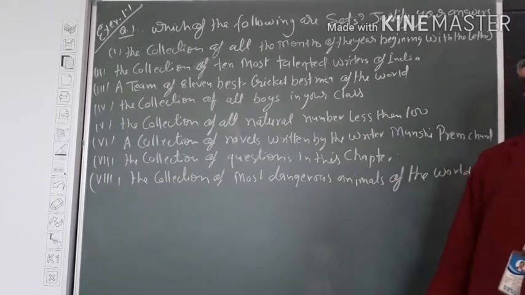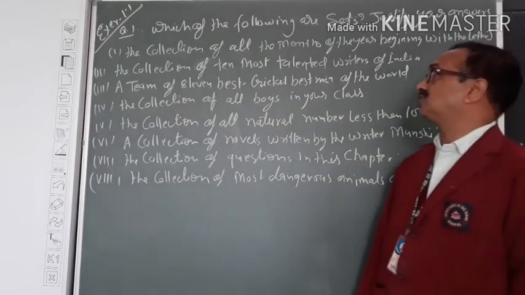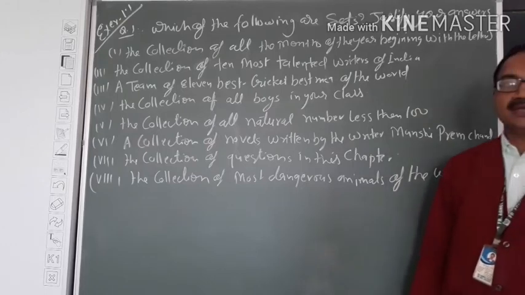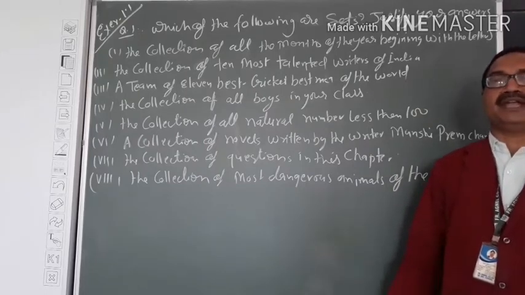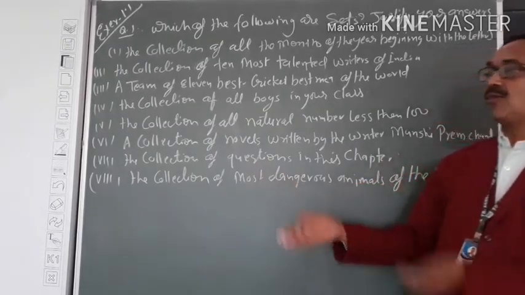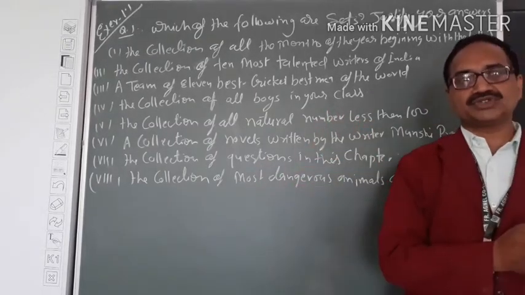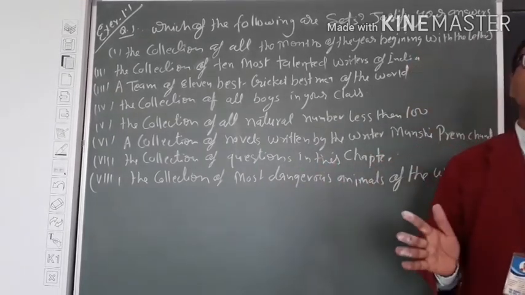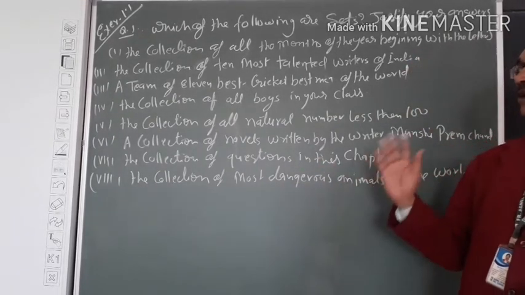Now, in the second part, the collection of 10 most talented writers of India. This collection is not well defined because some people say this one is most talented, some people say that one is most talented. So there is contradiction, and this is not a well defined collection.